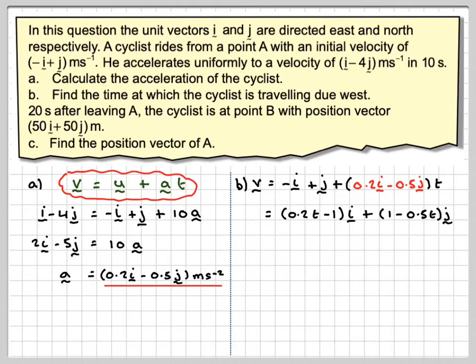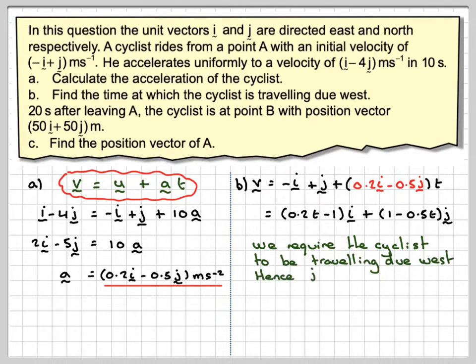Just look carefully at that. This component we want to be equal to 0. So what value of t makes this part 0? We need to solve 1 - 0.5t = 0, which gives 1 = 0.5t, and then t is equal to 2 seconds.